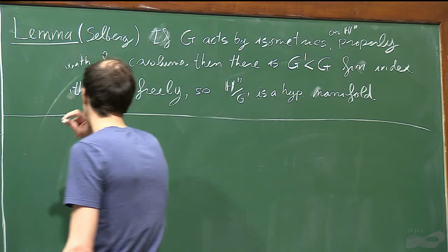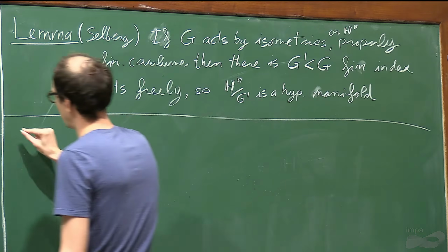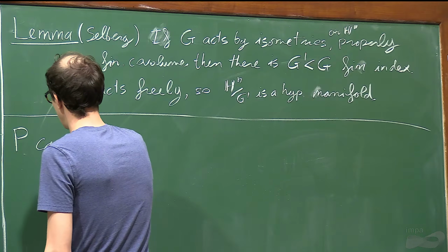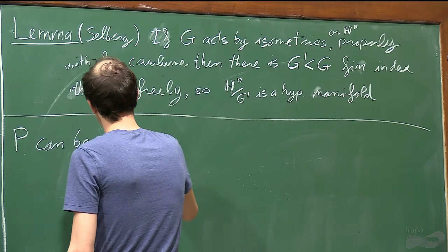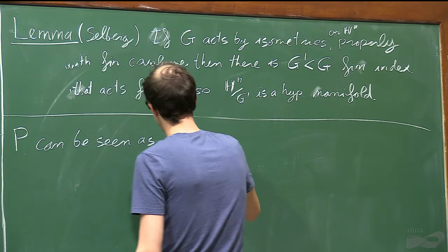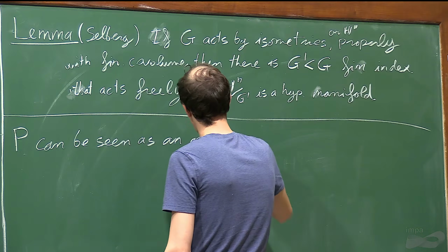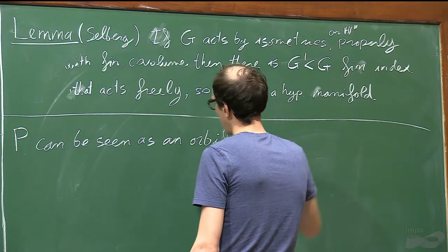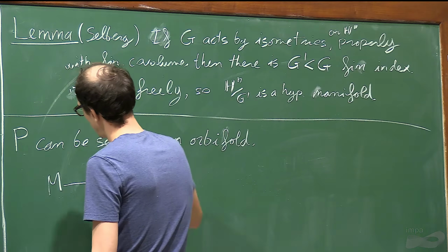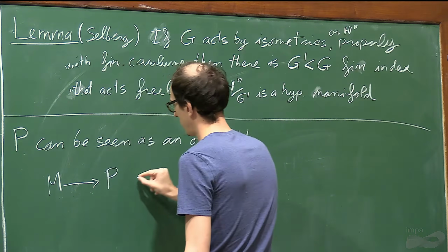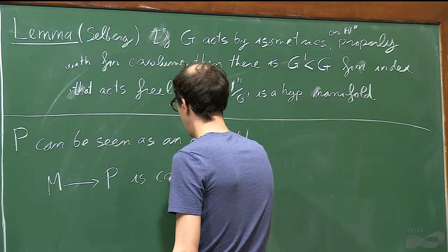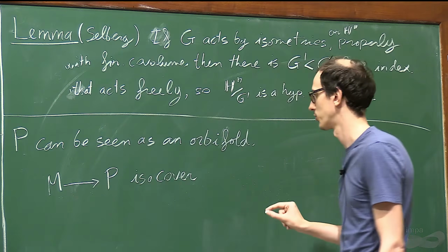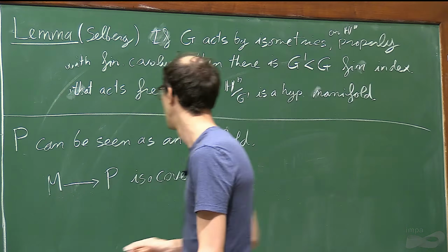In some sense, another geometric way to see this, for people that know what it is: P can be seen as an orbifold, and our manifold M is just a covering space for our orbifold.